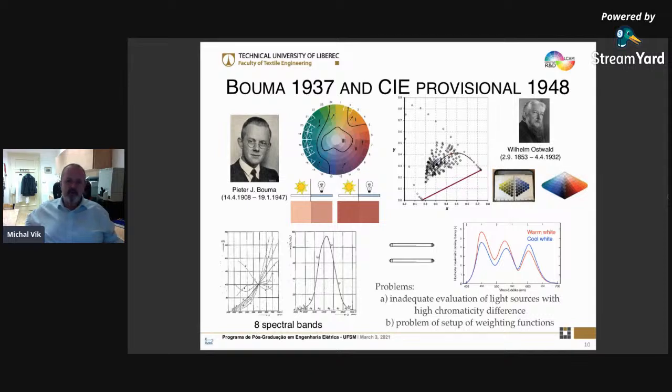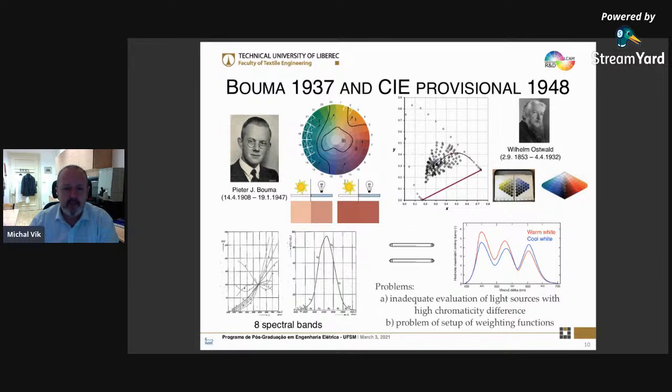At first sight such a method appears good, because it's relatively fast. You only need the spectral power distribution of the light source and you can compute it. What is the problem of Bouma's method? In the figure here, you can see 2 sets of samples, a little bit light ones and a little bit dark ones.